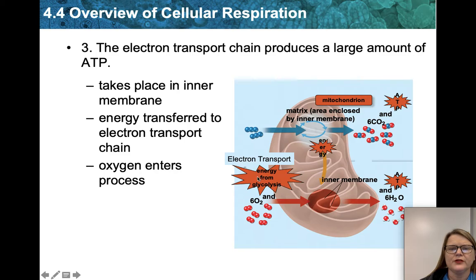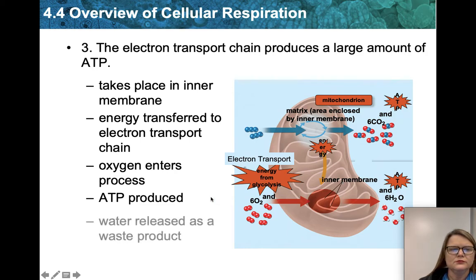Oxygen enters the process, so you have energy here coming in from glycolysis, and then you have 6 oxygen molecules. Then ATP is produced. Water released as a waste product, so here you're seeing your 6 water molecules.